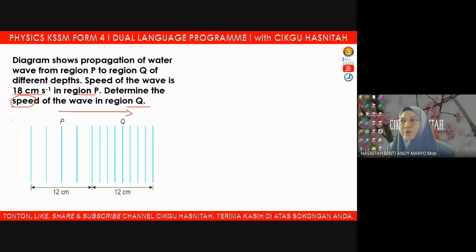I give you 30 seconds or 1 minute to settle this. Find the speed of the wave in region Q. This is a question on analytics, so you have to do a few analyses before coming up with the solution.